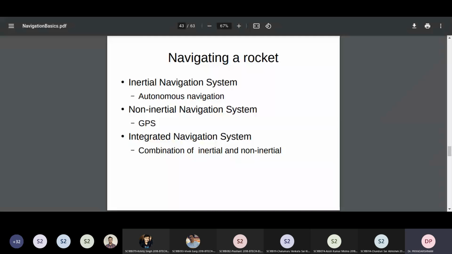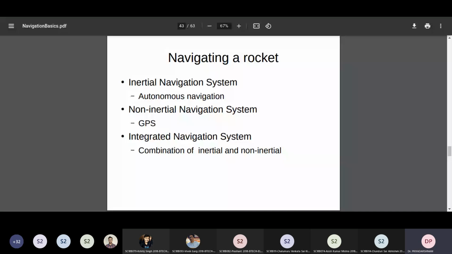If you think of an automobile passing under a bridge, the GPS signals will not be available, but your automobile system will still be able to show the position relatively well. There this integrated navigation is used. When the signals are available, you use the standard GPS navigation.